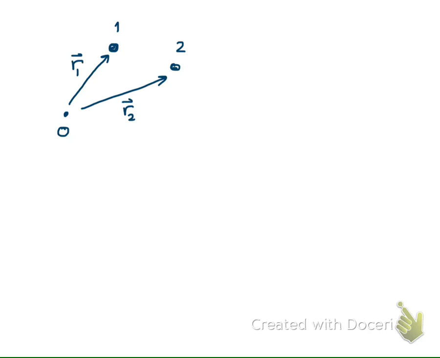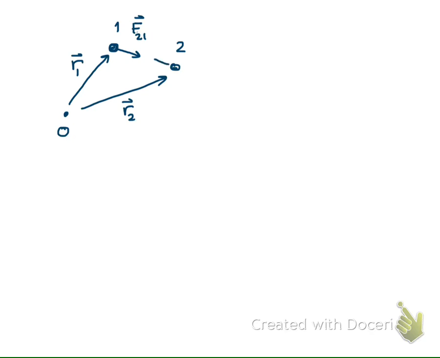And if we look at the internal force between these two particles, we have F21, the force on particle number 1 from particle number 2.